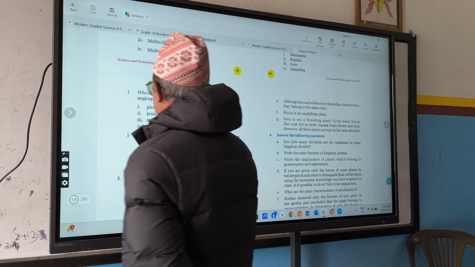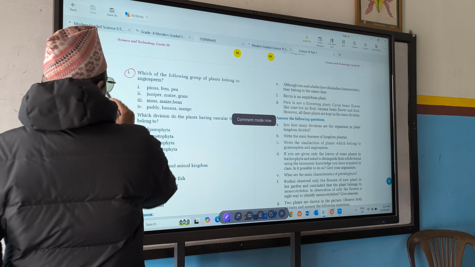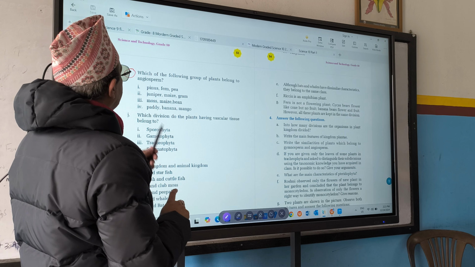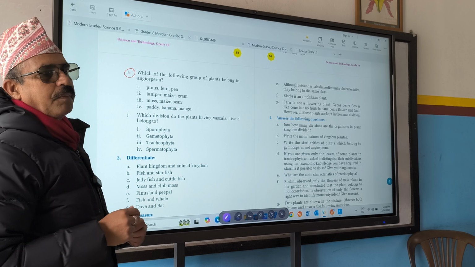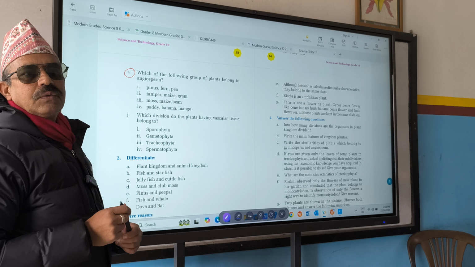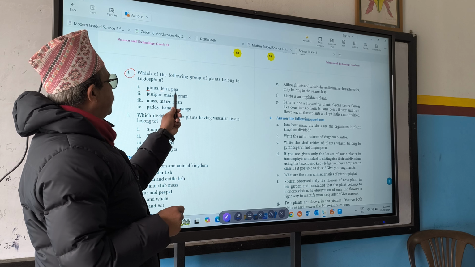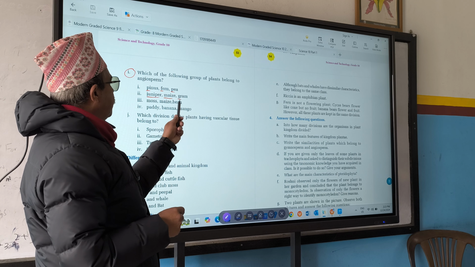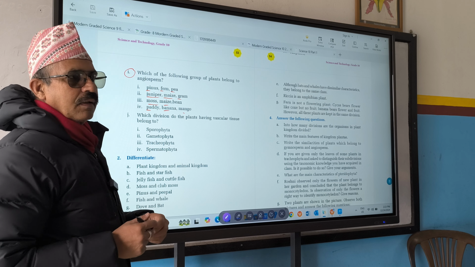Number I and number J. What is the question? Which of the following groups of plants belong to angiosperm? Angiosperm means there is presence of well-developed flower. Pinus, corn, pea; juniper, maize, gram; moss, maize, bean; paddy, banana, mango.